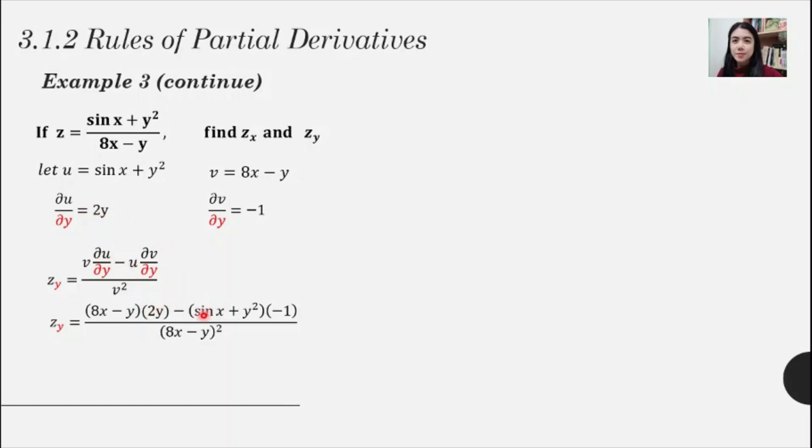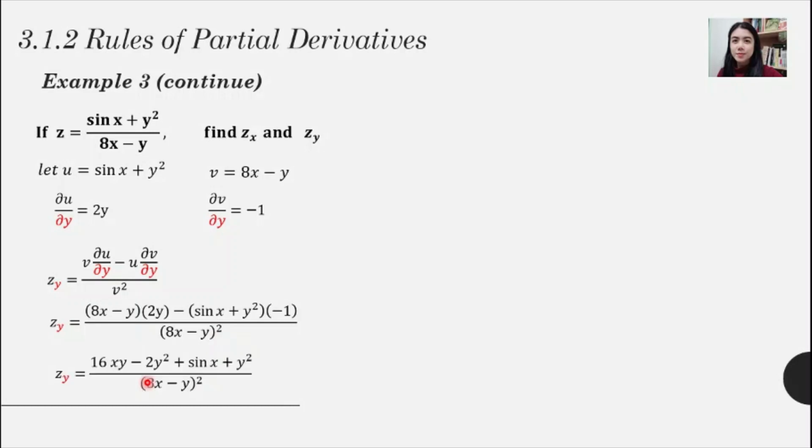Minus with u. What is your u? Your u is sine x plus y squared. So that is sine x plus y squared here. And ∂v/∂y is your minus 1 to substitute here. And you have v squared at the denominator part. So your v, that is 8x minus y, (8x minus y) squared.